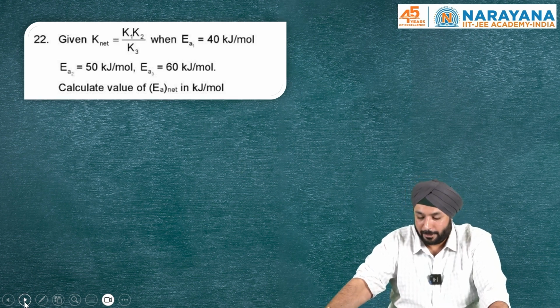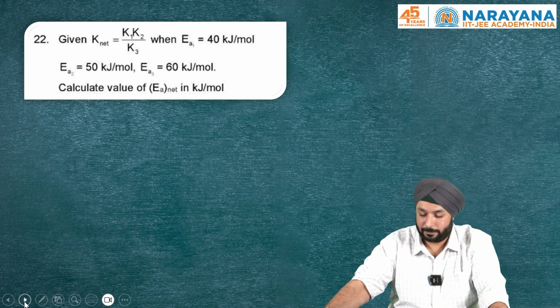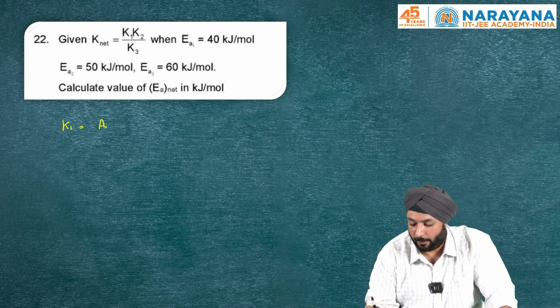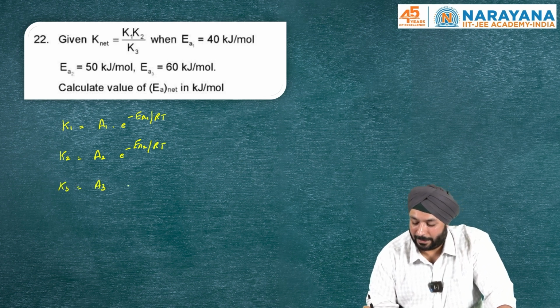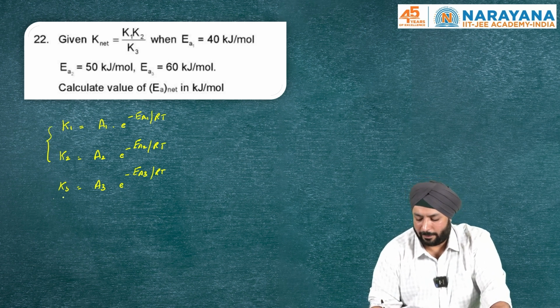Given K net for a complex reaction K1, K2 by K3, where EA1, EA2 and EA3 are given to you, right? Now listen, K1 is equal to A1 into e to the minus EA1 by RT. K2 is equal to A2 into e to the minus EA2 by RT. K3 is equal to A3 into e to the minus EA3 by RT. Now what you are doing is multiplying K1 and K2 and dividing by K3.